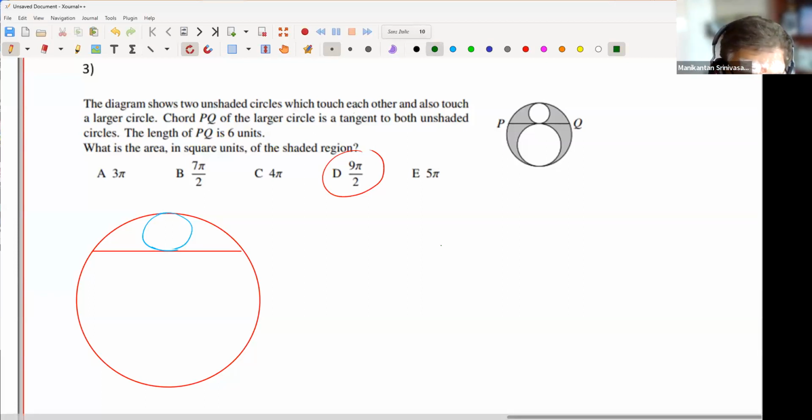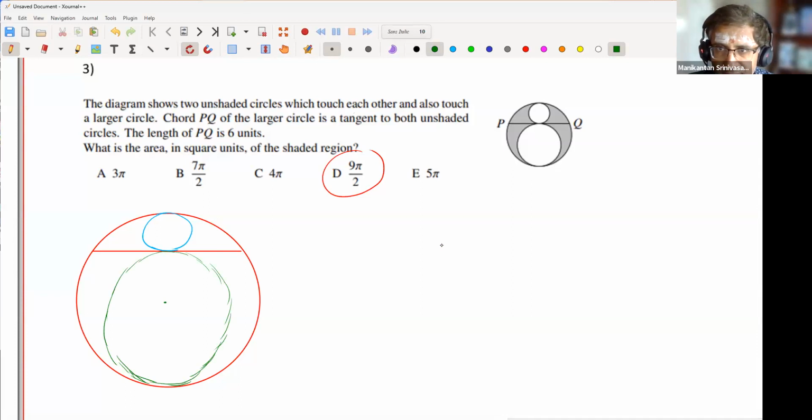So the center for the main one is here. Okay, it's an easy question only, but just for completeness, I'm just doing it. If I use the auto to draw the circle, I'm not able to place it in the center, which is why I have to hand draw it.